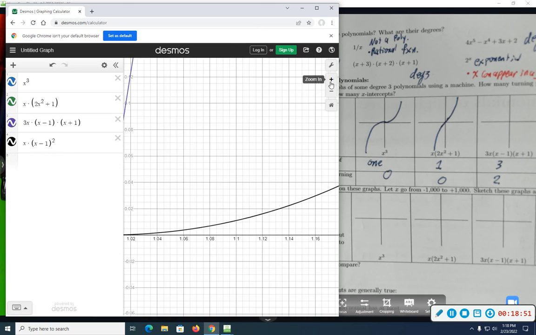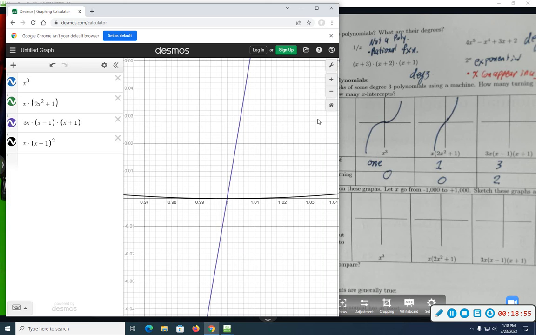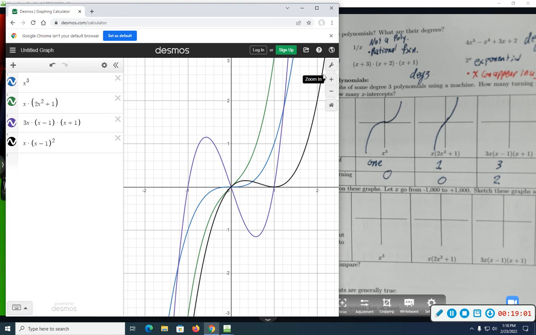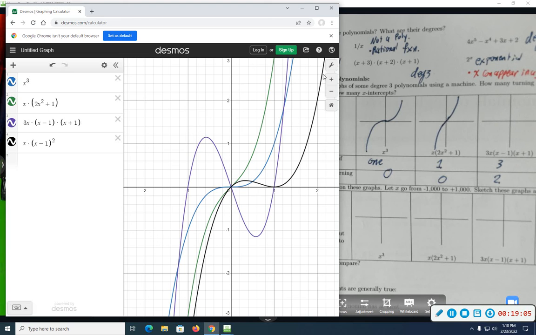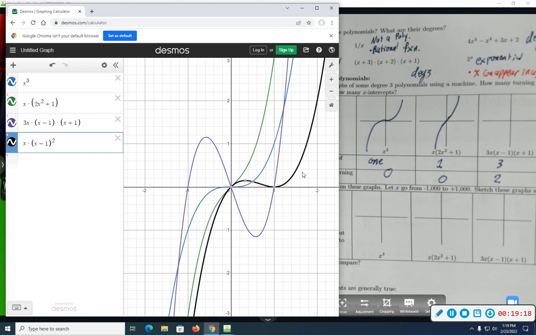But let's zoom in real close. Does that look like it's actually making it to the x-axis itself? Yeah, so I would count that as an intercept as well. So it's got 2 intercepts. How many turning points? 2. It looks like it goes from increasing to decreasing back to increasing. So these all have some different looking behaviors.